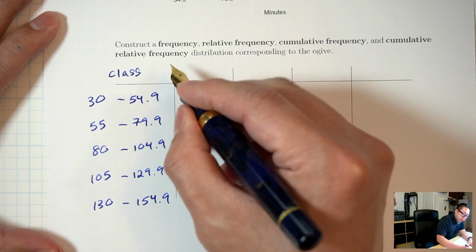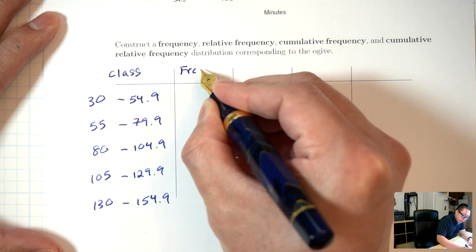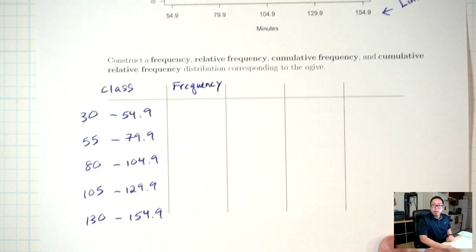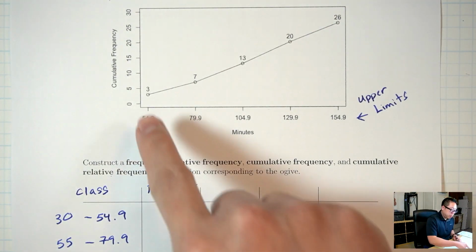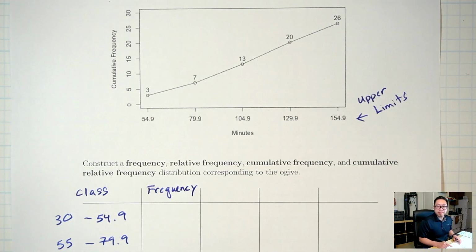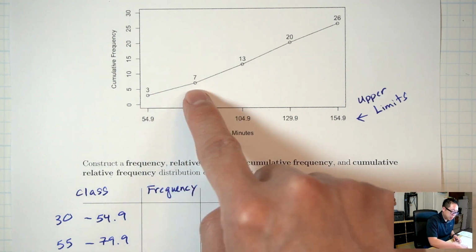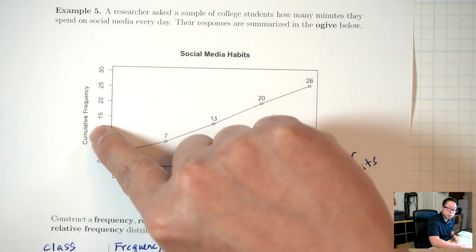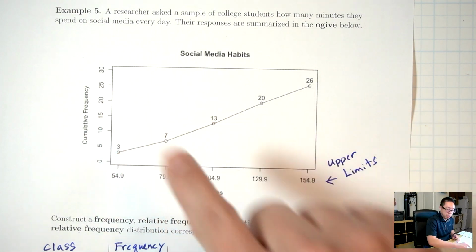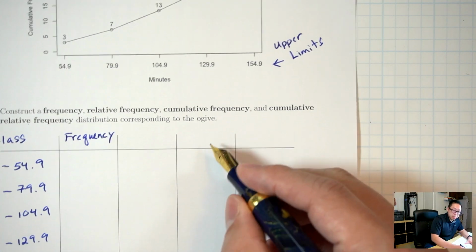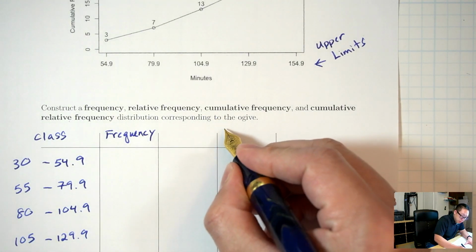And then we have to find the frequency. 3, 7, 13, 20, 26. Are these the frequencies? No, they're not, right? 3, 7, 13, 20, 26 on an ogive are cumulative frequencies. So these numbers are actually the numbers that go in this third column, cumulative frequency.